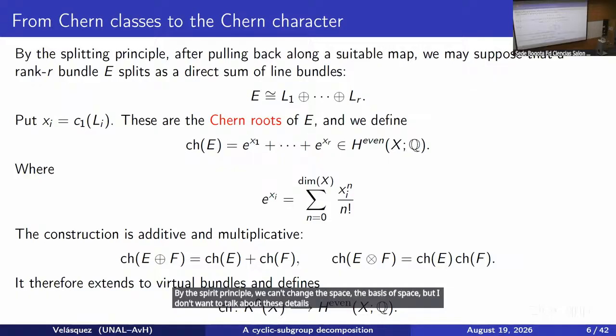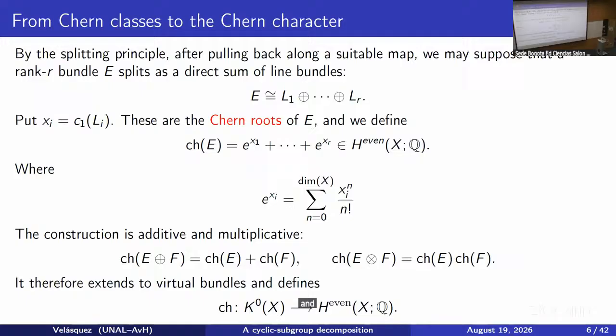Suppose that this vector bundle can be decomposed as a direct sum of line bundles, and compute the first Chern class of each component, let's say x_i. Then the Chern character of the bundle E is the sum of the exponentials of these Chern classes. What is the exponential? Just the exponential.